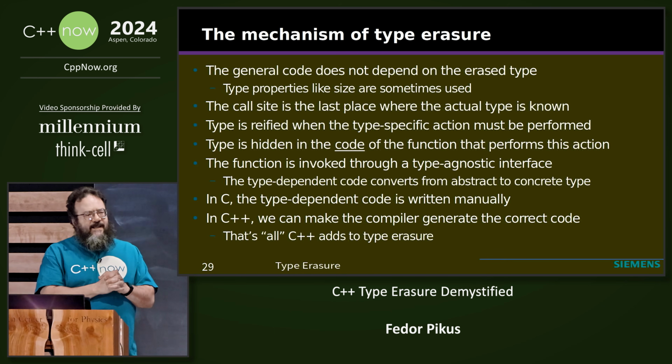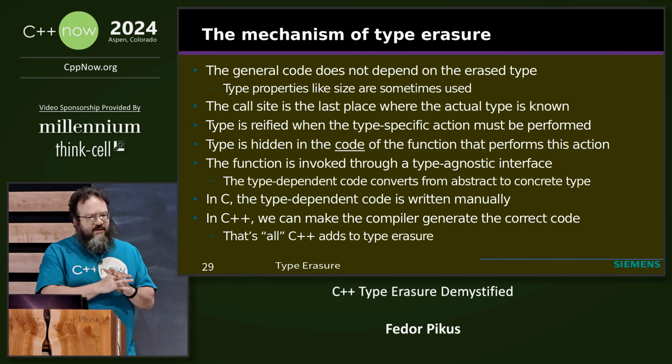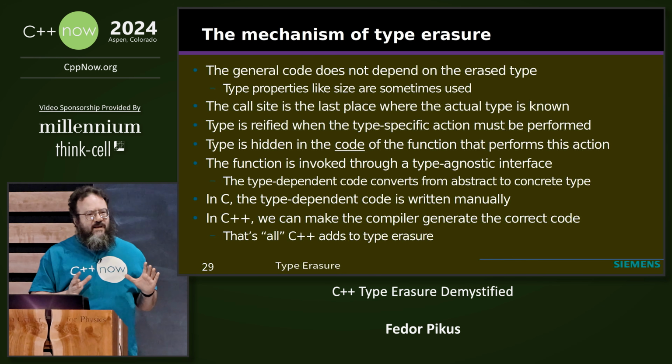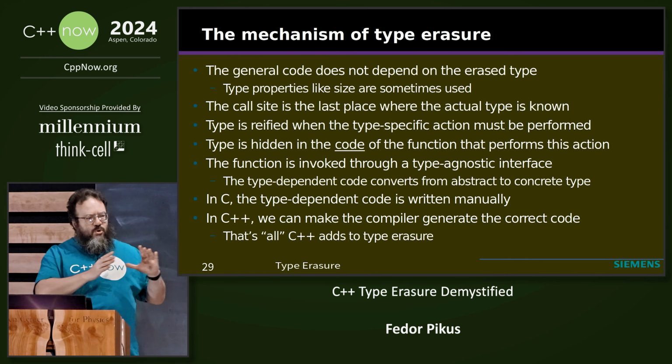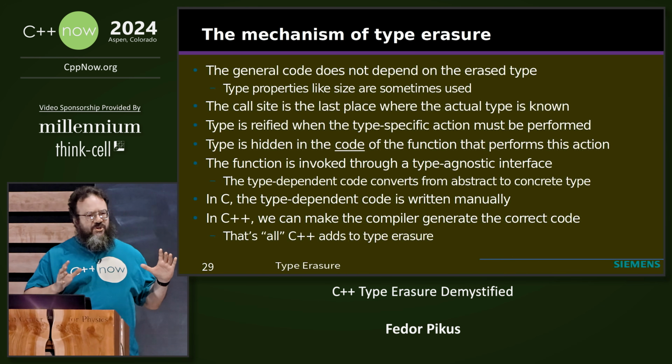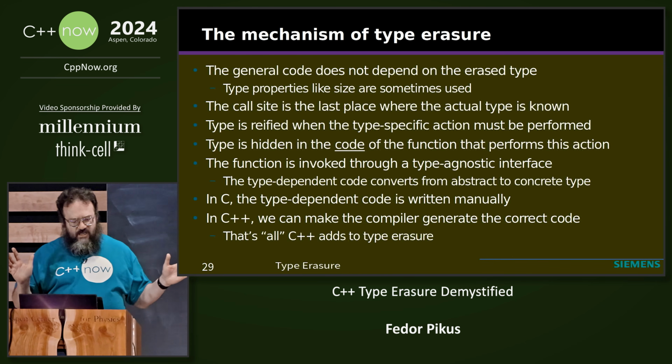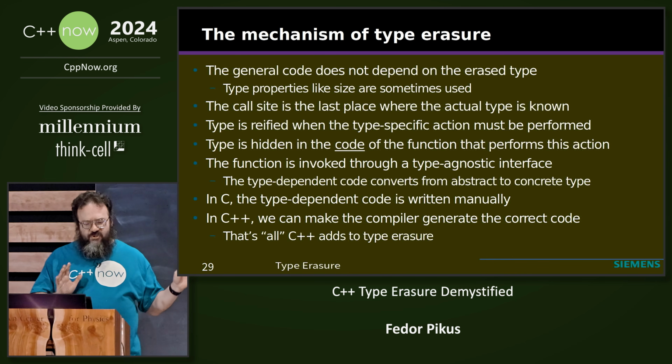That type is hidden in the code of some function or some piece of code, in the body of that function, type information is present, but in the interfaces it's not.